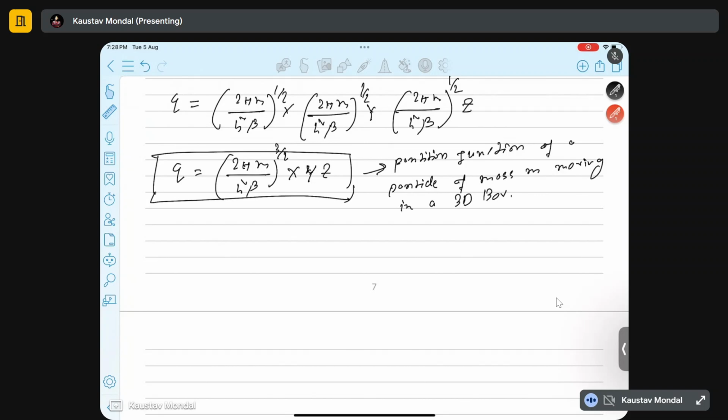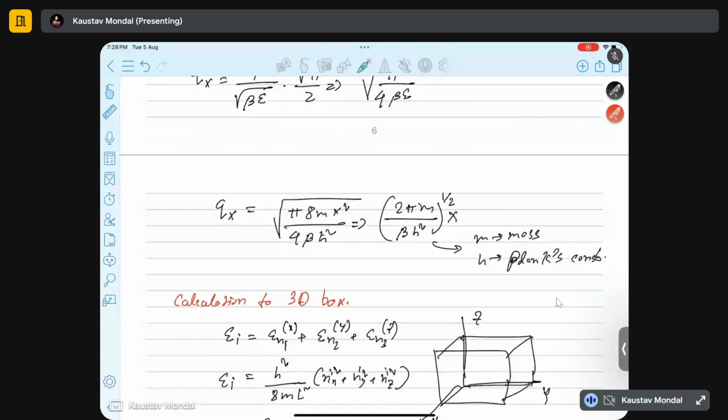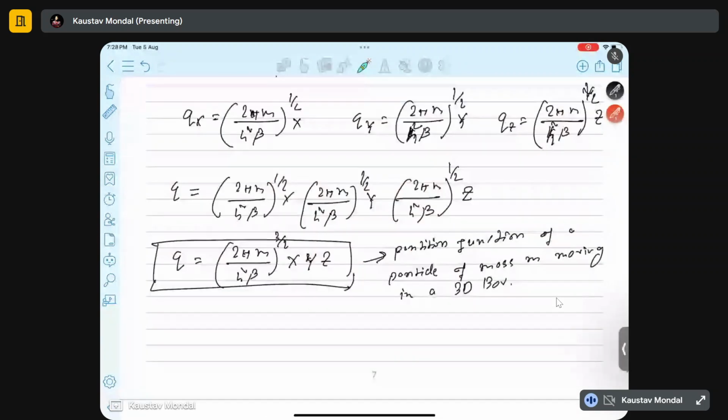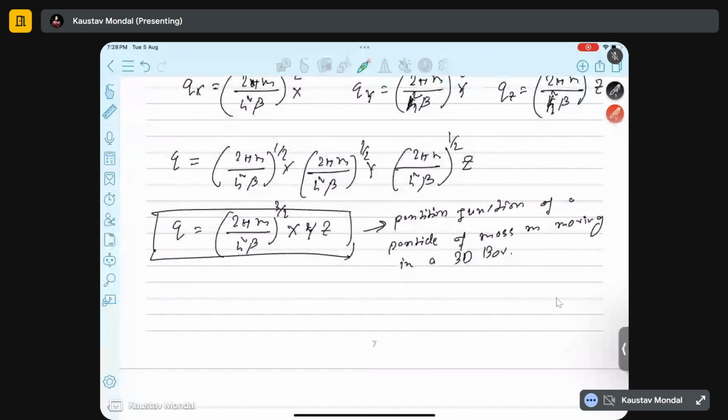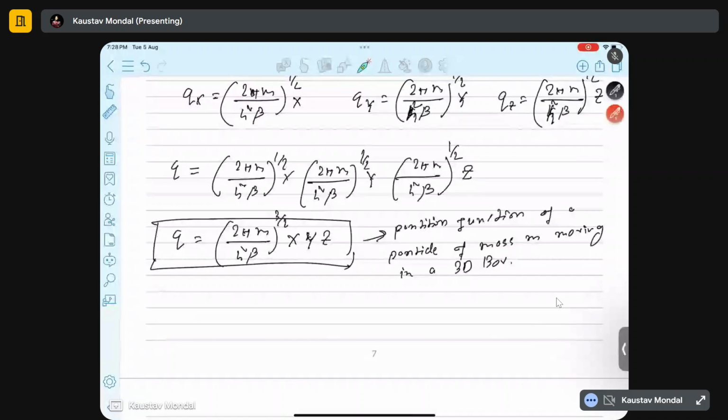Previously the power was half; now for the 3D case the power is 3 by 2, and all the three lengths extended towards x, y, z are multiplied.